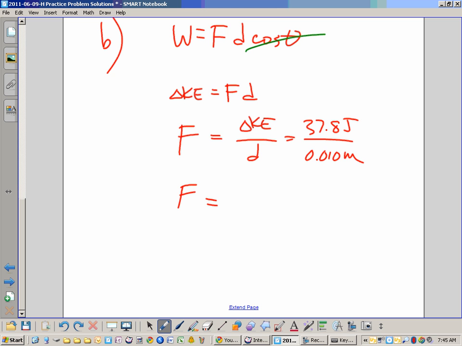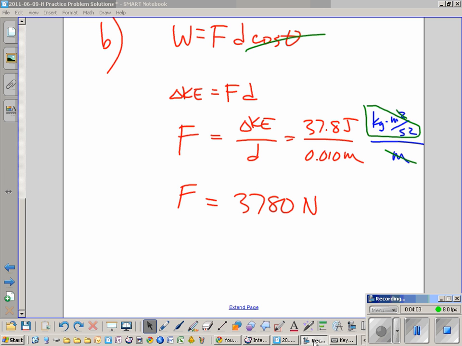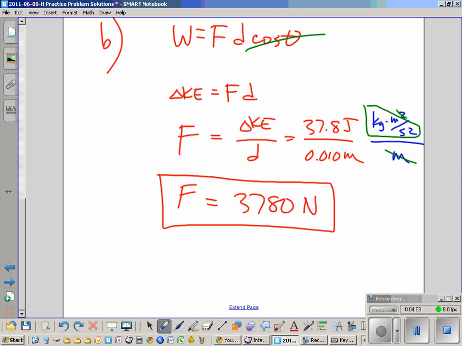So force is going to be equal to 3780 joules divided by meters. Dimensional analysis: joules is kilogram meters squared per second squared divided by meters, which gives us kilogram meters per second squared. That's newtons. Box it. And that's the answer to B.